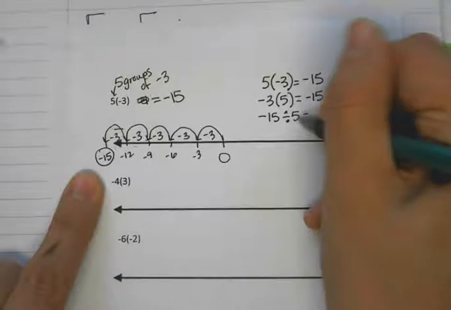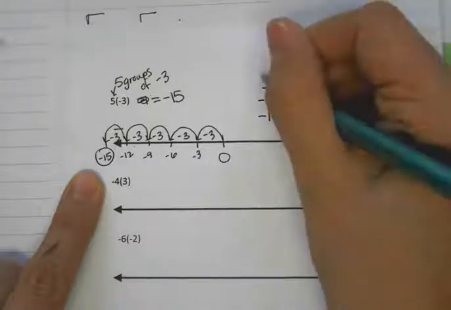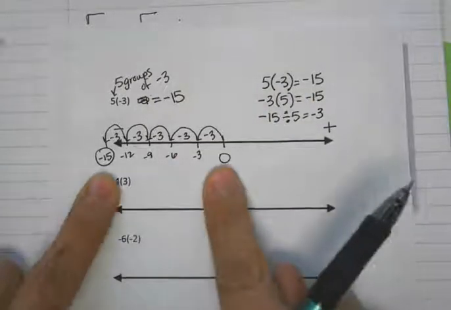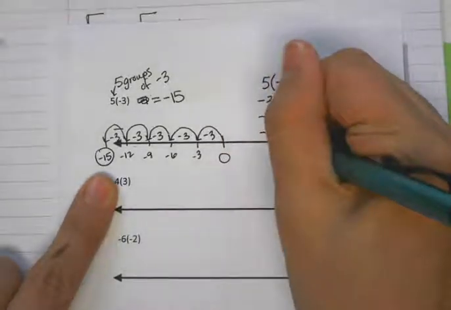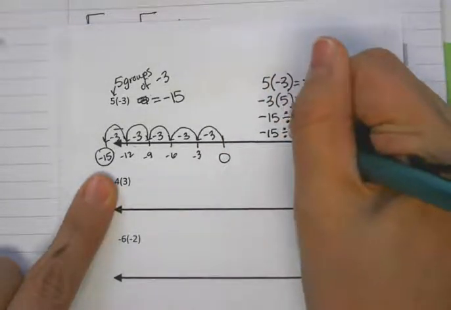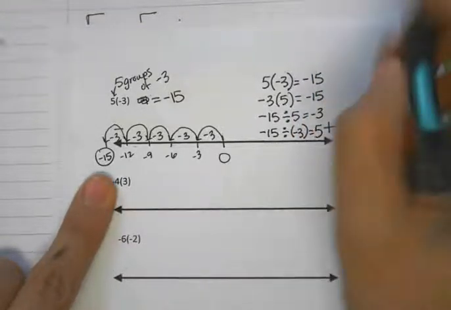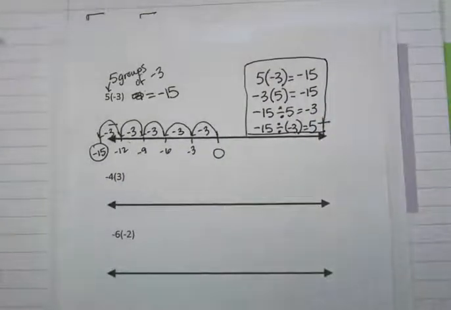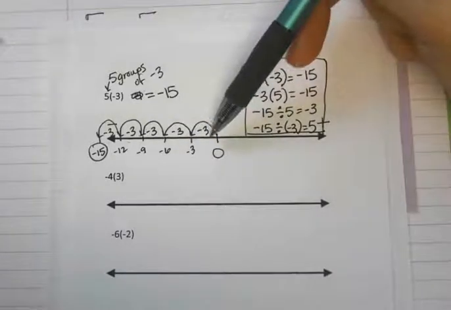Now remember, division is the inverse, so it's part of my fact family. Negative 15 divided by 5 equals negative 3, is also represented by this model. And negative 15 divided by negative 3 would also equal 5. All 4 of these number sentences, all 4 of these equations can be represented by this one model.